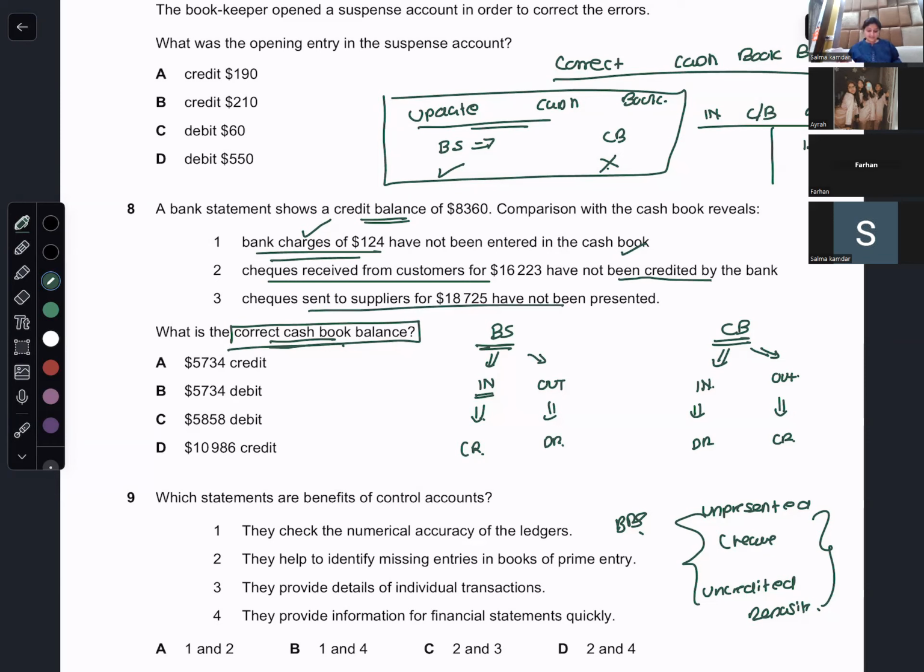So take some time and tell me what will be the correct bank balance.